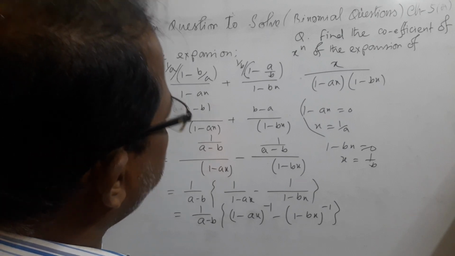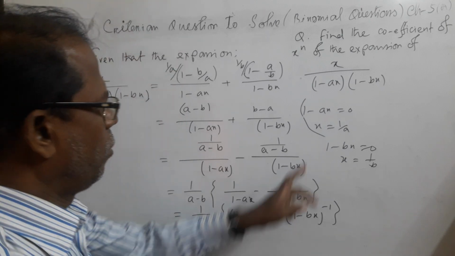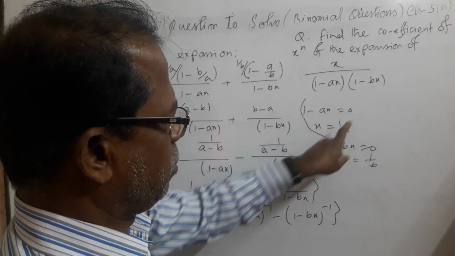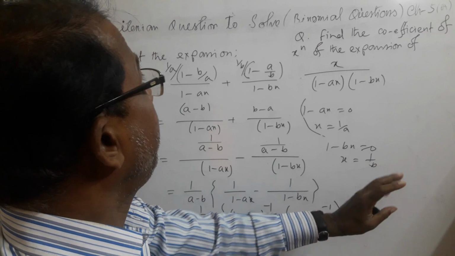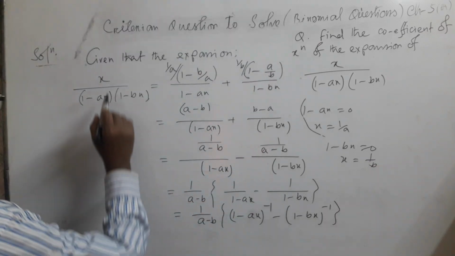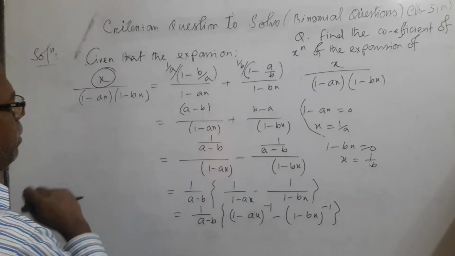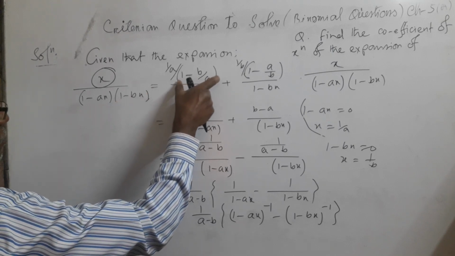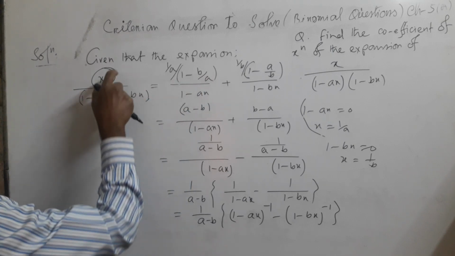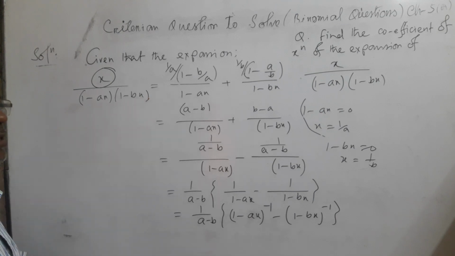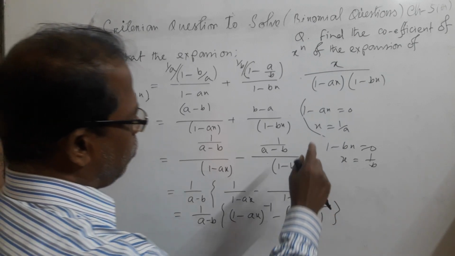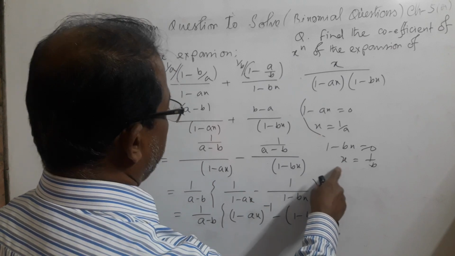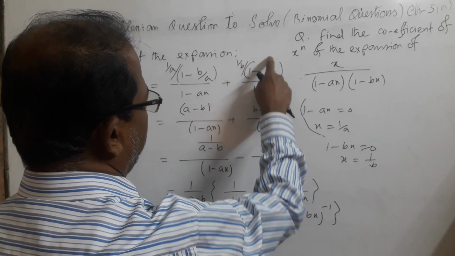This is a simple problem, not a major problem. 1 minus ax equal to 0, then x equal to 1 by a. 1 minus bx equal to 0, then x equal to 1 by b. Put these values into the other factors: 1 by a into 1 minus b by a, and 1 by b into 1 minus a by b.